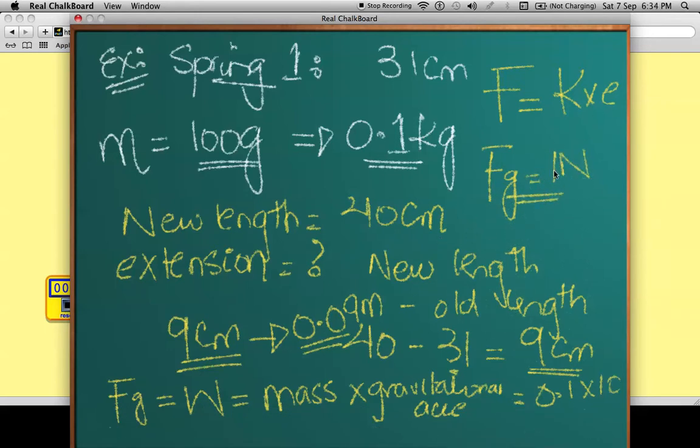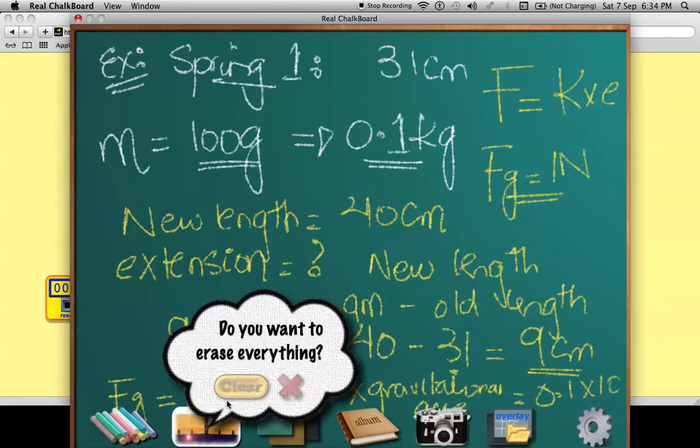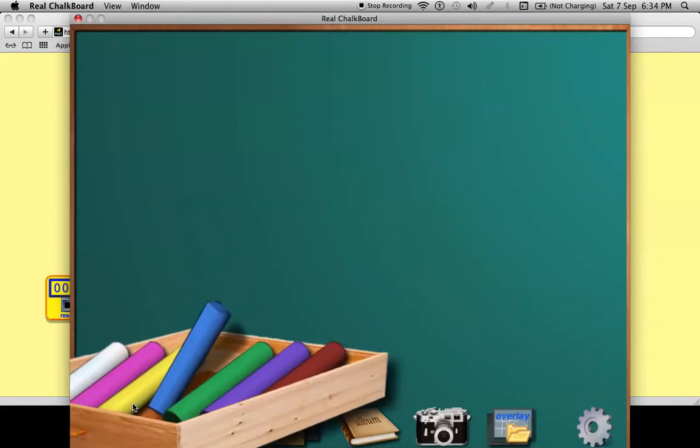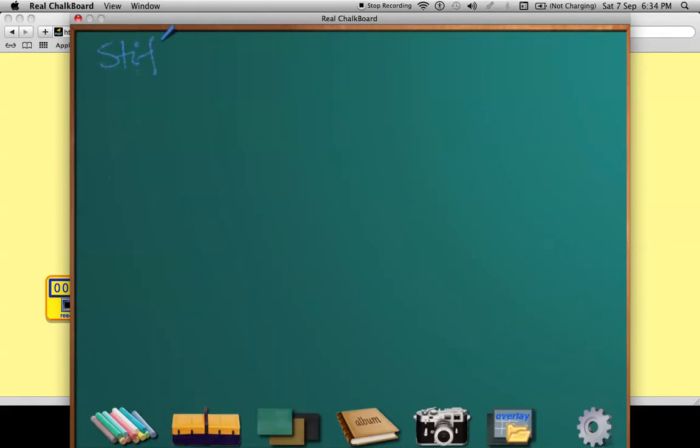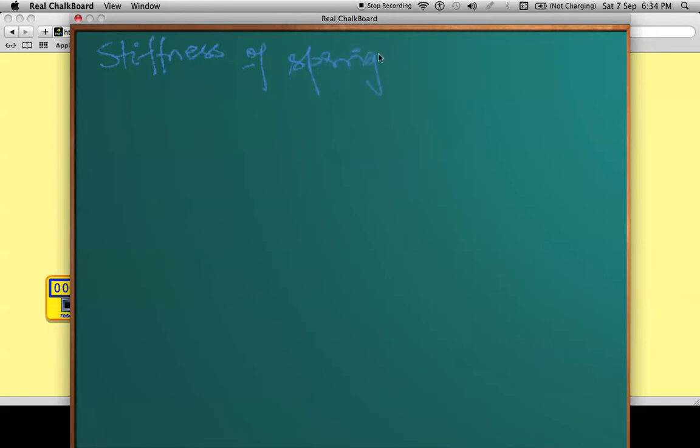So you can see for 1 newton, the extension is 0.09 meters. Let's find out the stiffness of spring 1. It can be found very easily, because we know the force, which is 1 newton, and we know the extension, which is 0.09 meters. The formula is F equals K E. Just make K the subject.